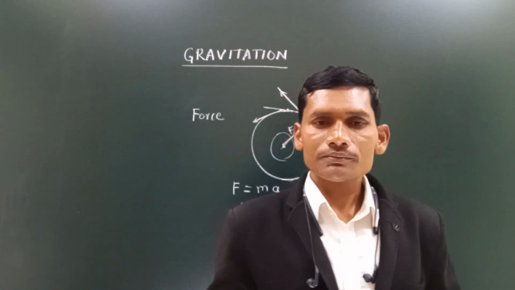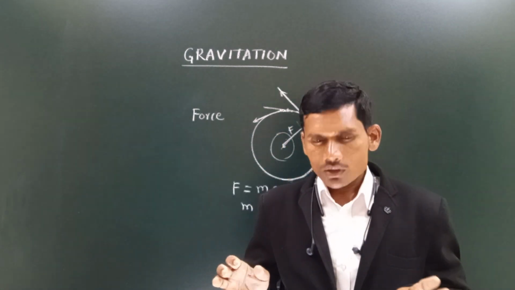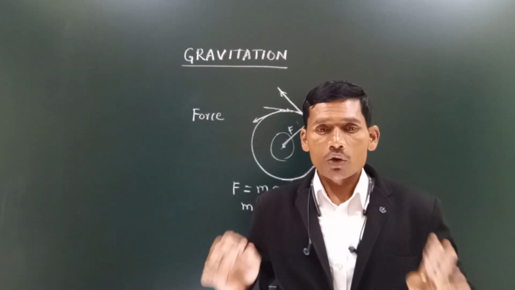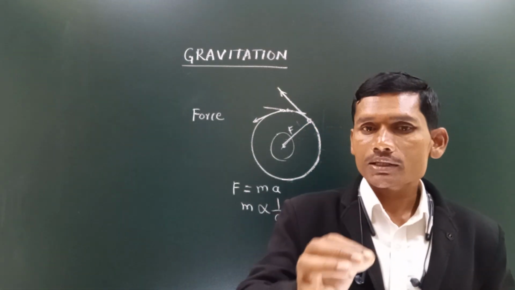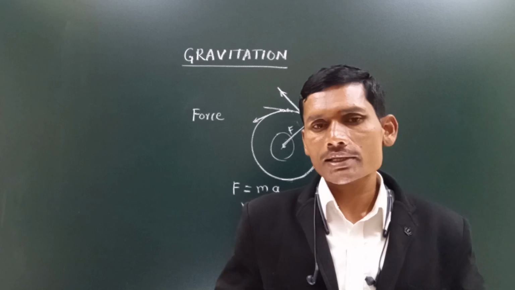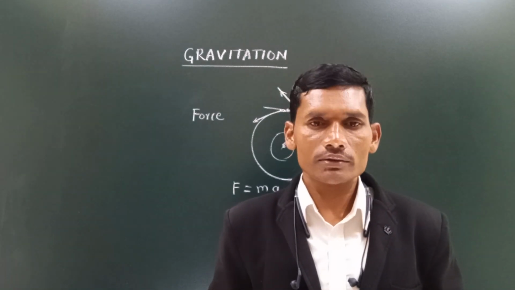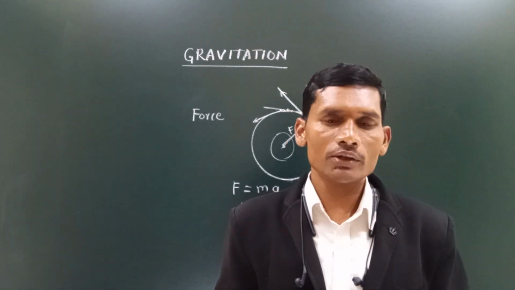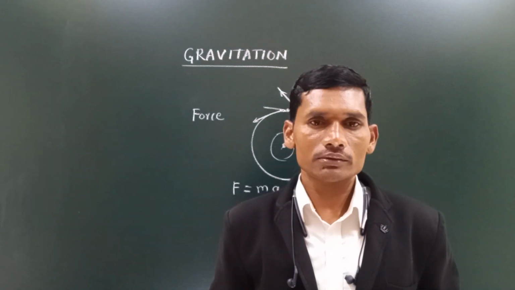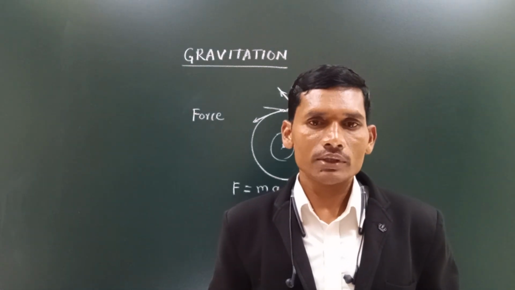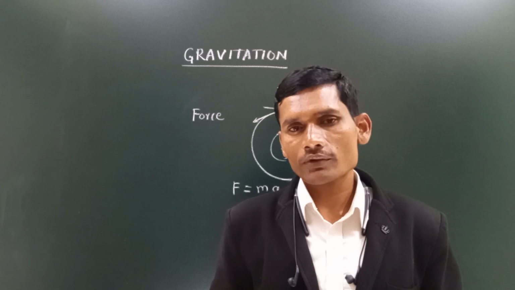He said that in the universe, all objects are attracted by another object. In broad thinking, he said that any object you consider in the universe is attracted by another object. This type of force, he called gravitational force.